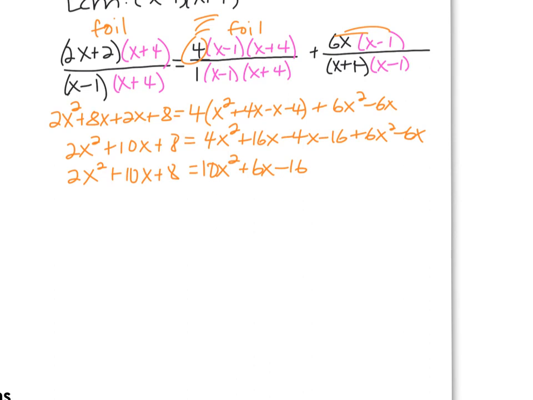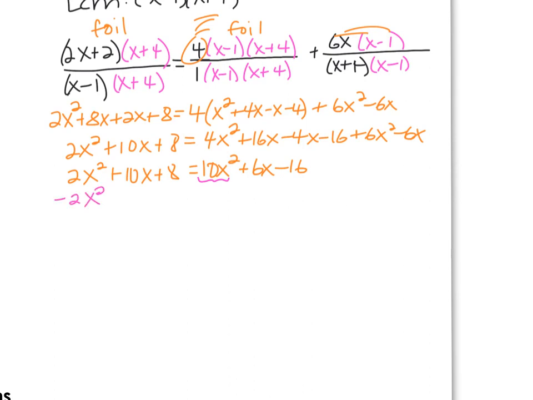Unlike the last problem, where our x squared term canceled out, here we didn't have that. So what we have to do here is set it equal to 0. We still keep our quadratic terms. Noticing that 10x squared is the bigger x squared coefficient, I'm going to move everything over to the right.